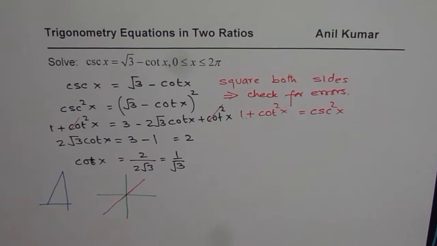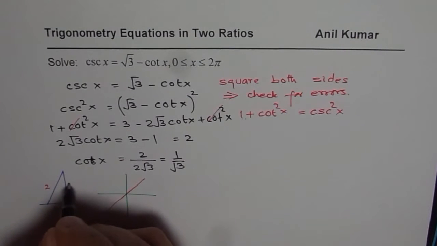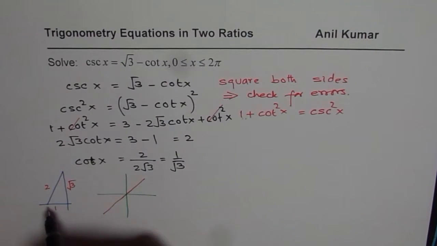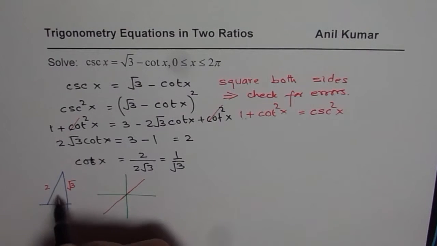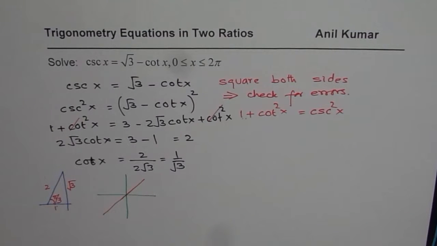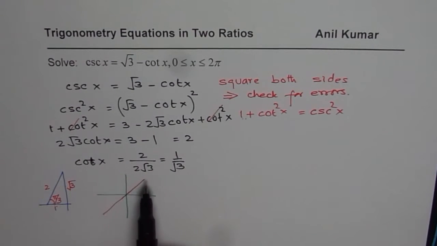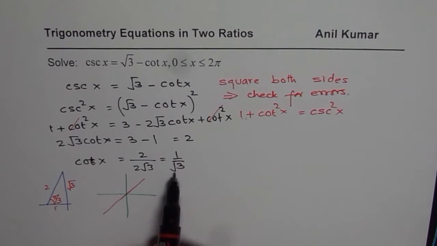In this special triangle 1, 2, square root 3, cot is the reciprocal of tan, that means adjacent over opposite, so that is pi by 3, right? So that gives us the value of cotangent, 1 over square root 3.